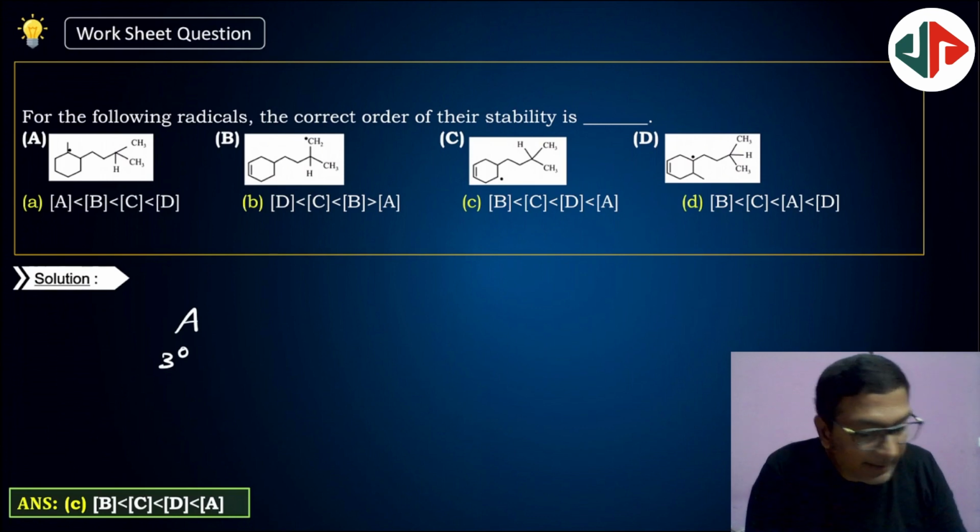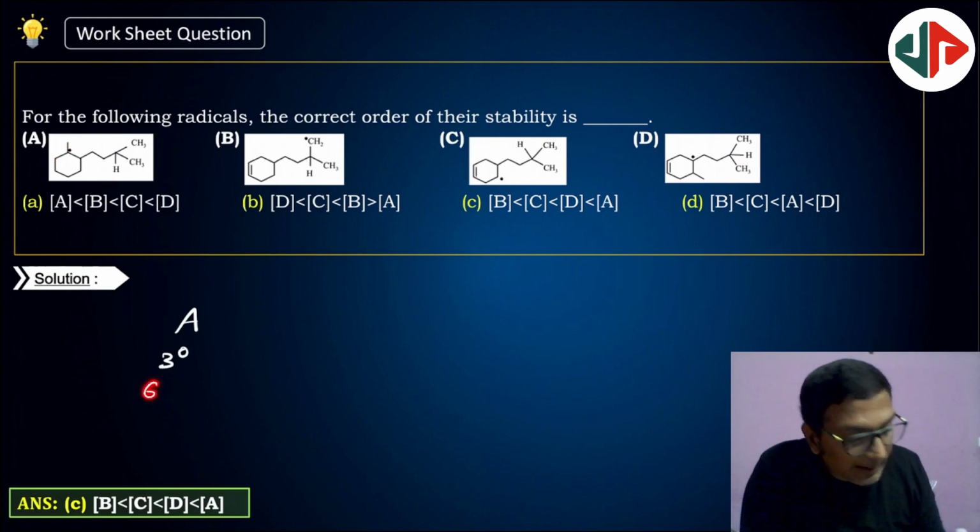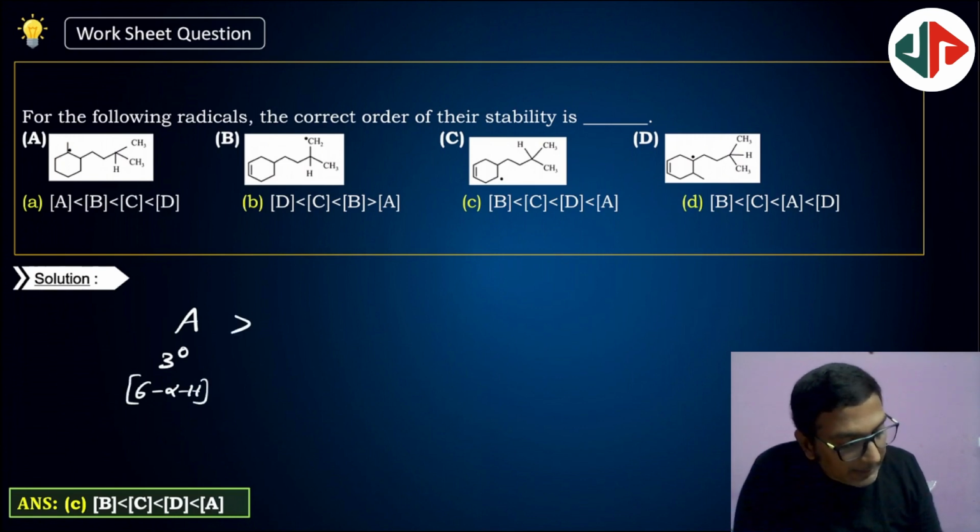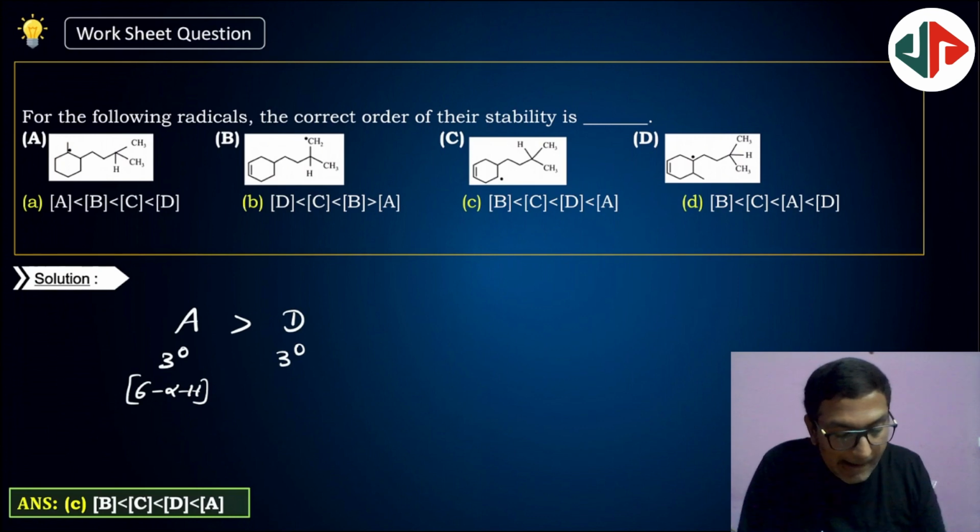So here CH3 means 3, 2, 5 and 6. 6 alpha hydrogens will be present. Next, after that D. D also is tertiary, and it contains 1, 2, 3, 5. 5 alpha hydrogens.